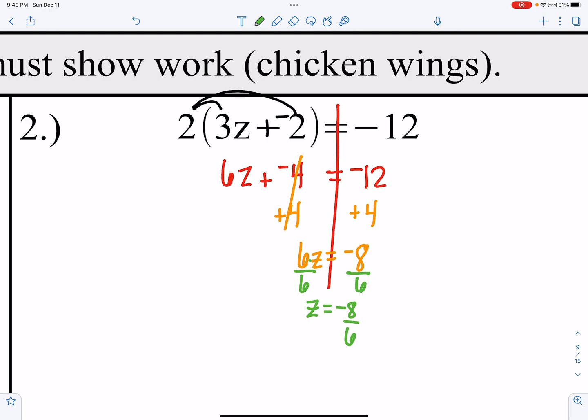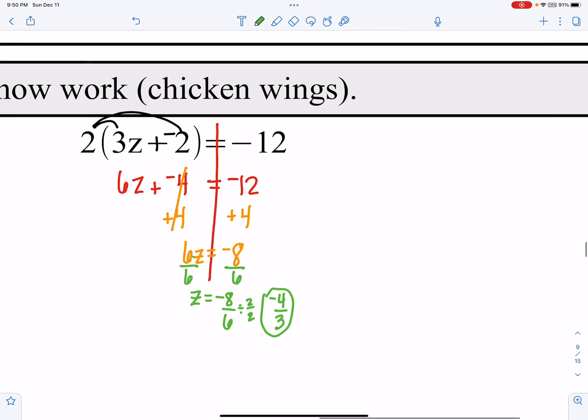If I wanted to simplify that, I could, and divide both by 2 over 2, and we end up with negative 4/3. Okay, and so that's what our z equals.